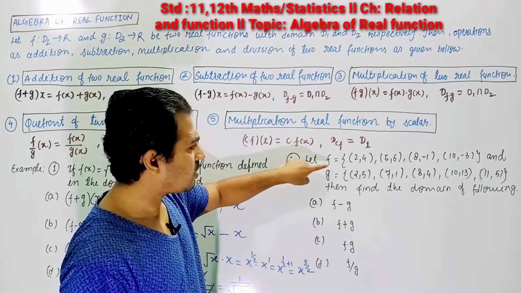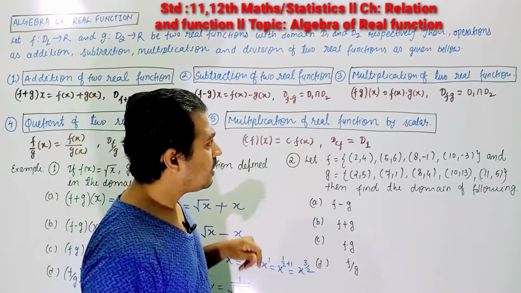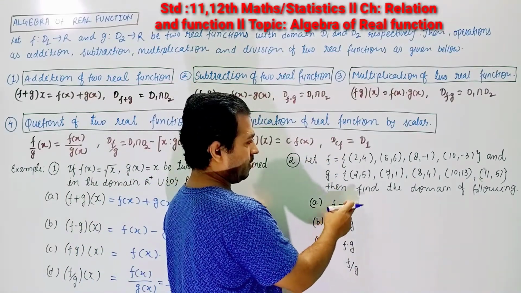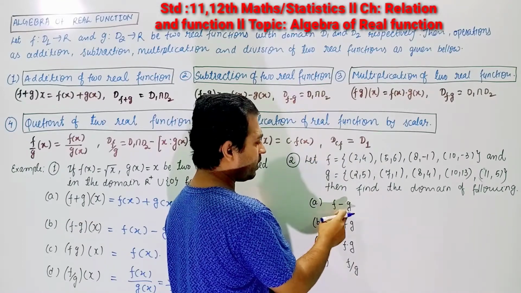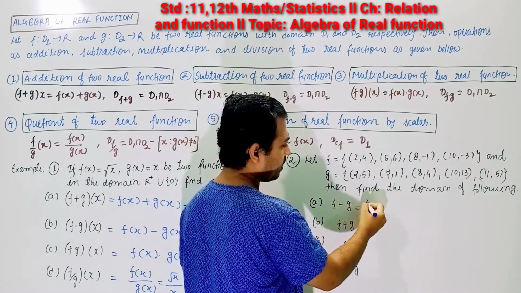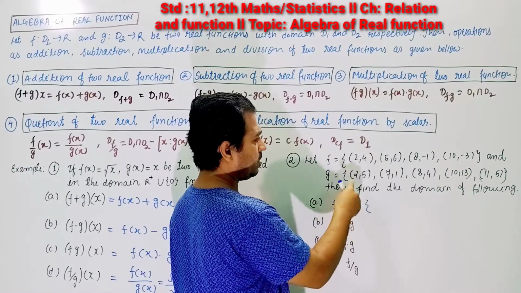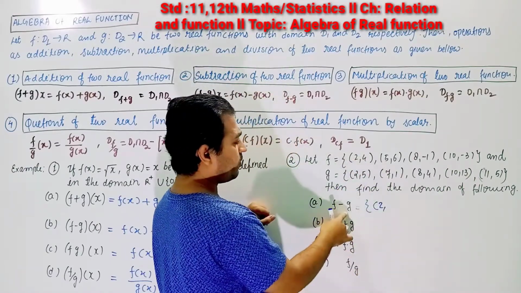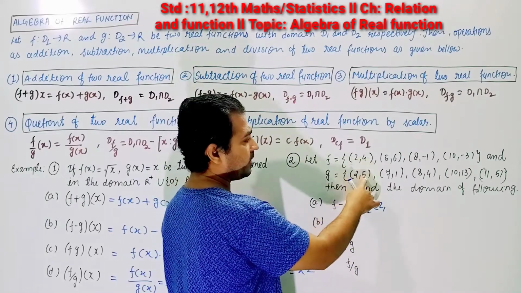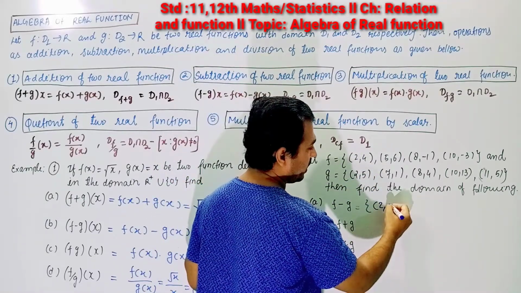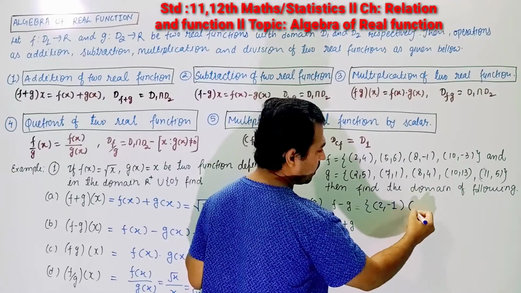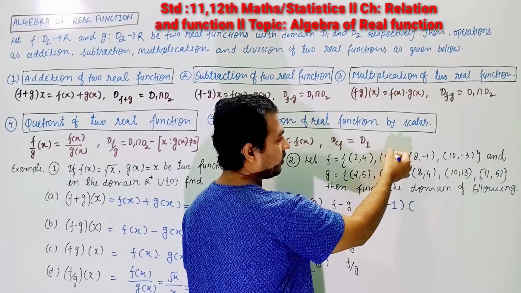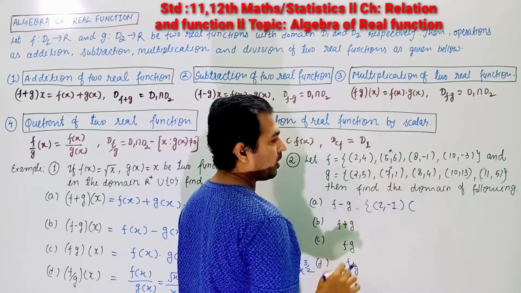First of all, write down the common elements of f and g. So 2 and 2 is a common element. Now f minus g, so 4 minus 5, what are you getting? Minus 1. Similarly, 5 is not common, so we will not consider this ordered pair.